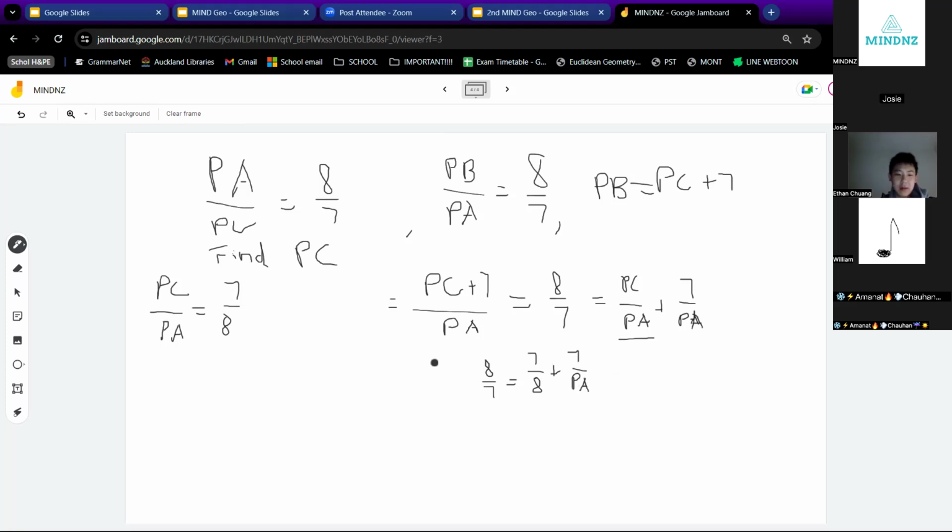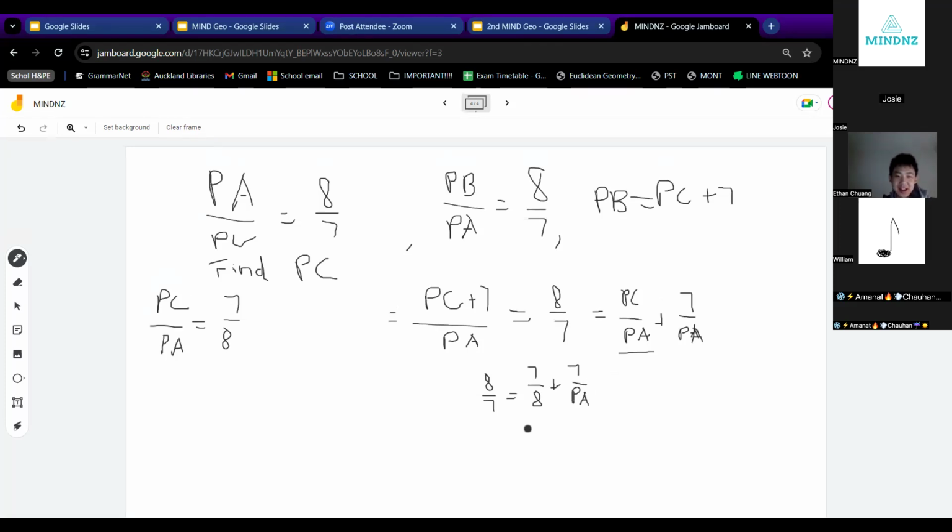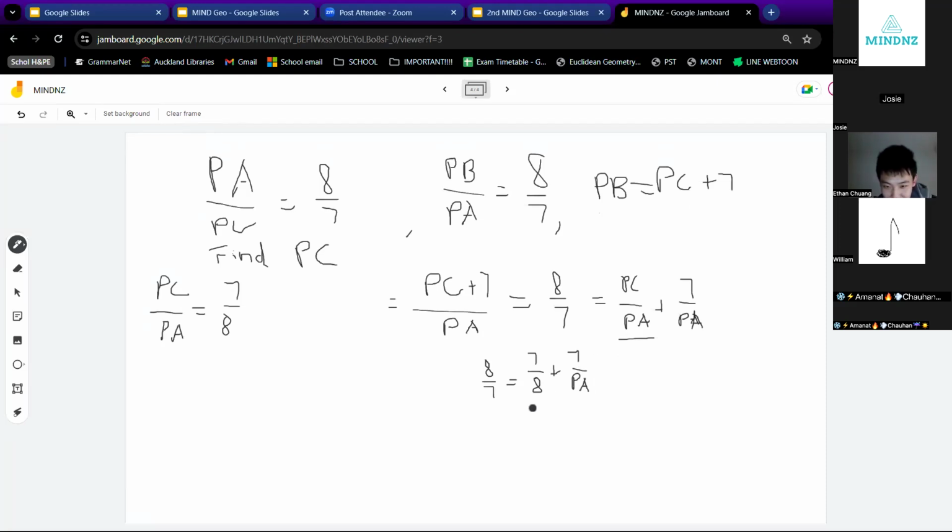And then maybe I'll let you guys finish off the solution, I guess. Actually, maybe not. This is just algebra. You just do some rearranging. So we move this fraction to the left-hand side. So we get 8 over 7 minus 7 over 8 equals 7 over PA. And then 8 over 7 minus 7 over 8, what is this? 64 minus 49, 15 over 56.